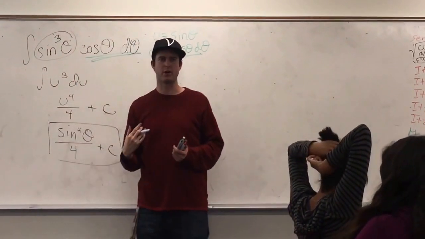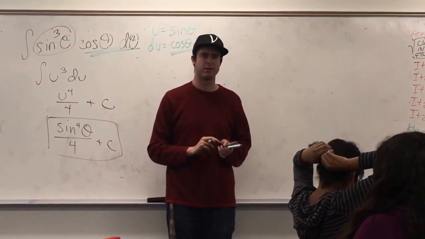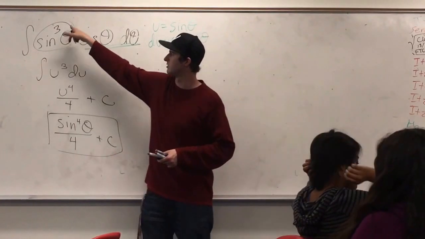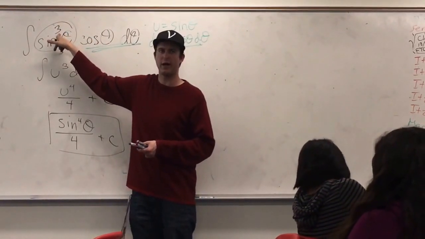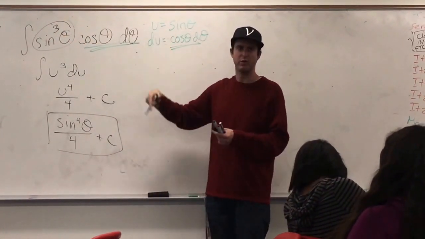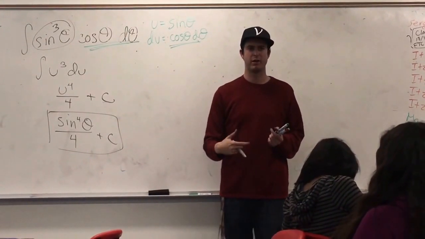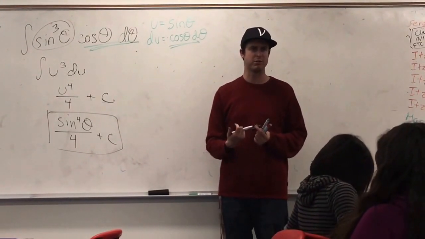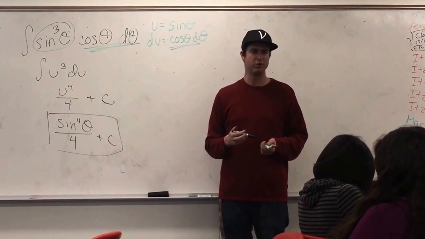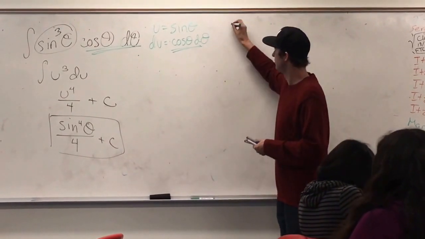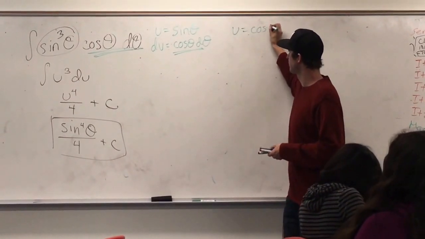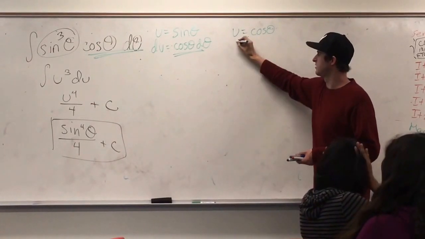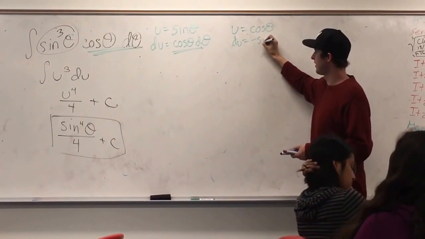So the one that's more complicated is 99% of the time your u. So since sine was being cubed, I knew that it was going to be my u. You can't really know that until you do a lot of these problems and you start to see the patterns. And you can just guess. Could I have guessed u as cosine? Yeah. And then that makes du negative sine.